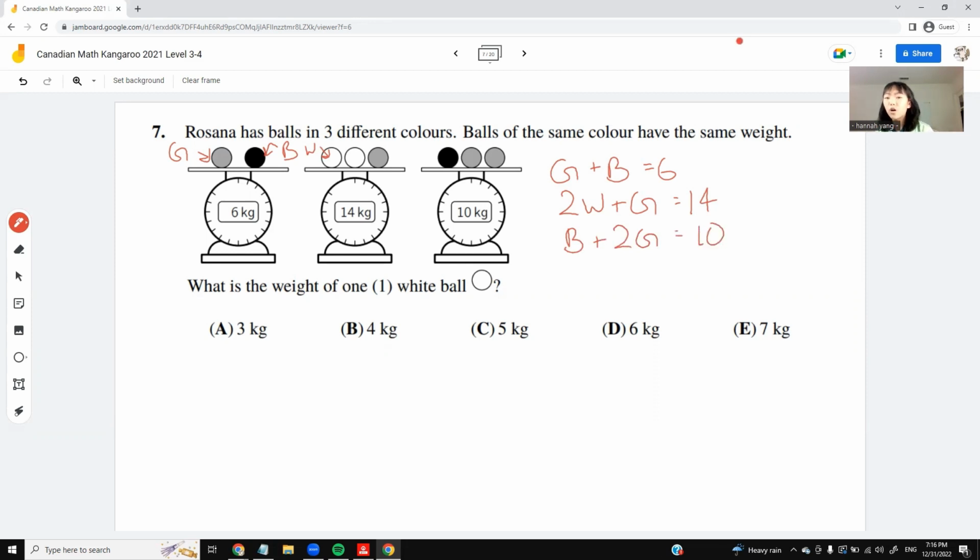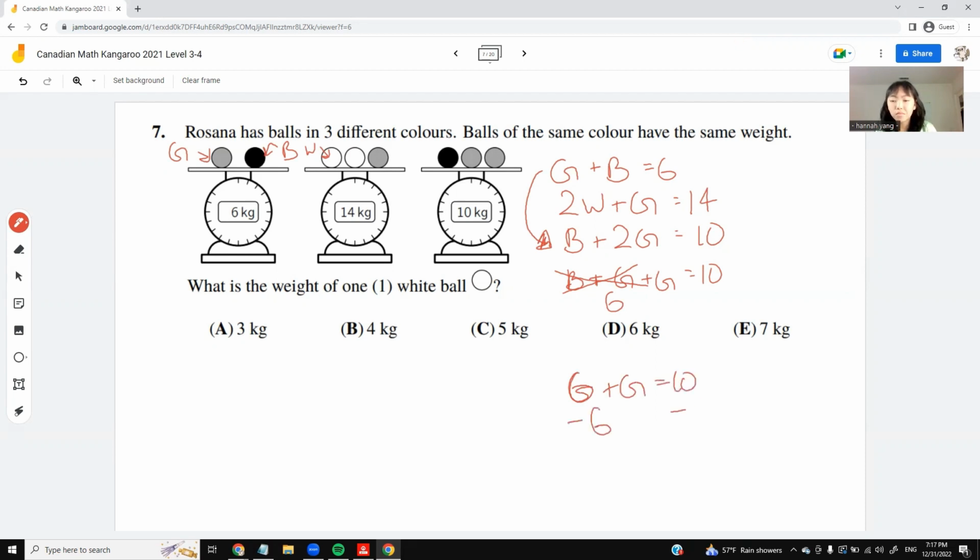So since we know that a gray ball plus a black ball equals 6 kilograms, we can substitute it into this equation over here, where it's basically just B plus G equals 10. So we can replace this B plus G, let's cancel it, and then replace it with 6. So instead now it's 6 plus G equals 10.